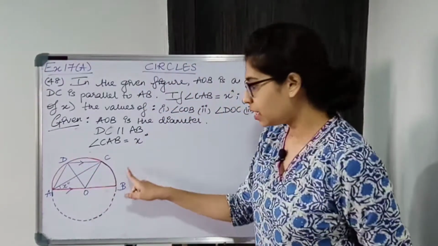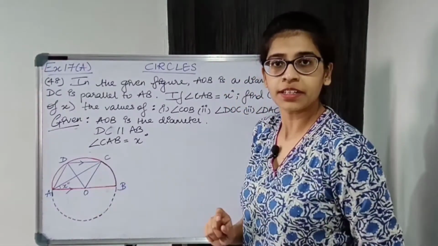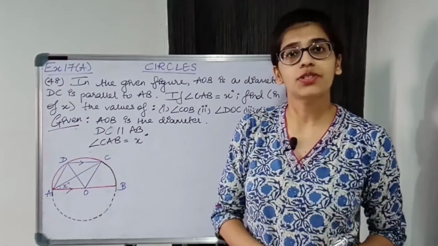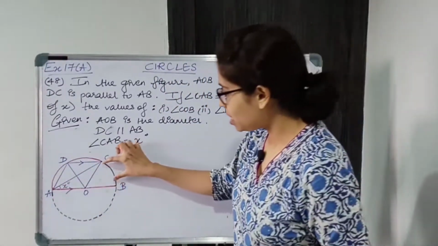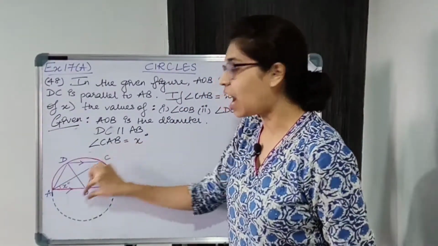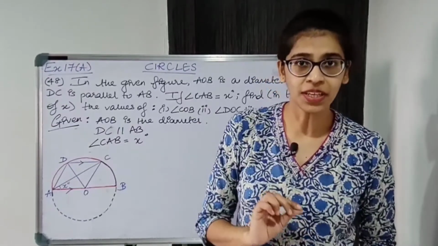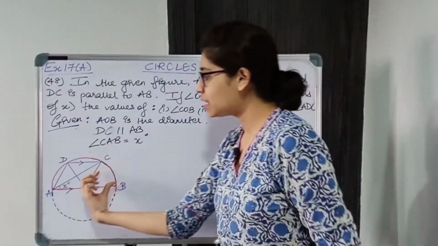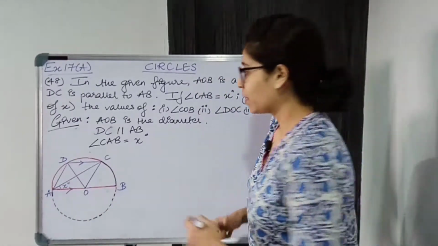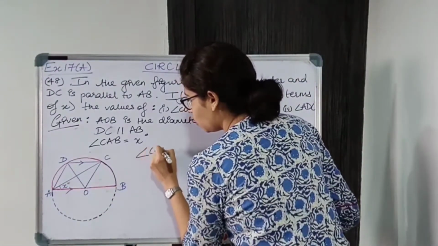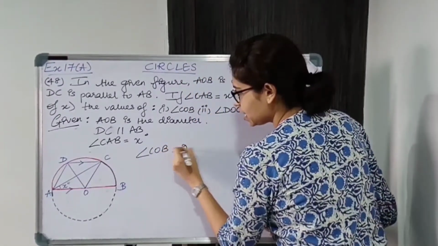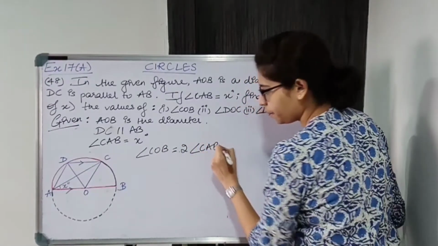This arc is subtending an angle at the center, and the same arc is subtending this angle CAB on the circumference. Okay, so CAB is on the circumference of the circle. So CAB will be half of COB. So COB is in short twice angle CAB. Angle COB will be equal to twice angle CAB.